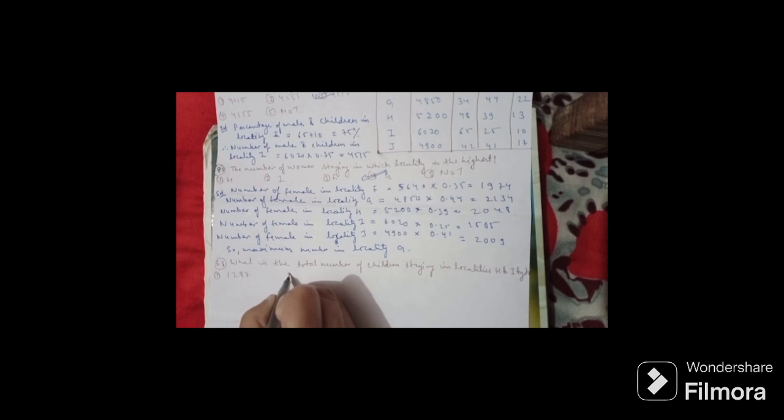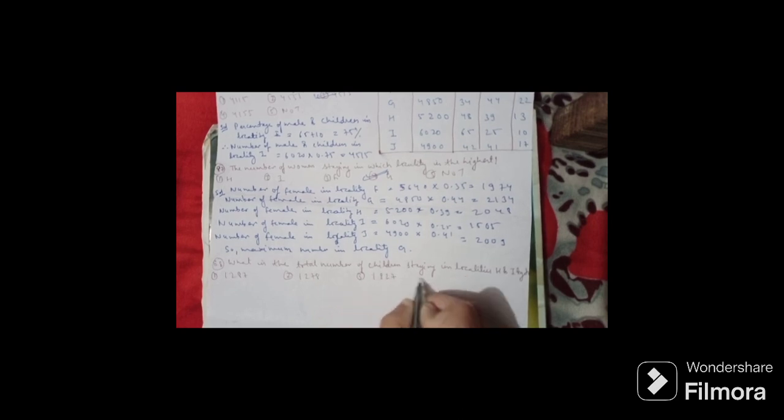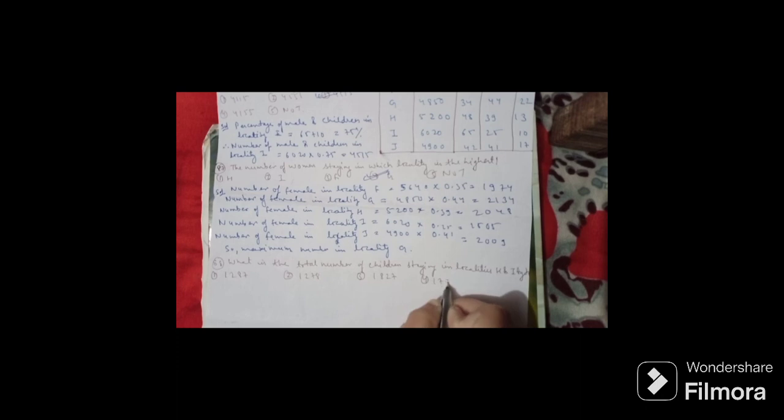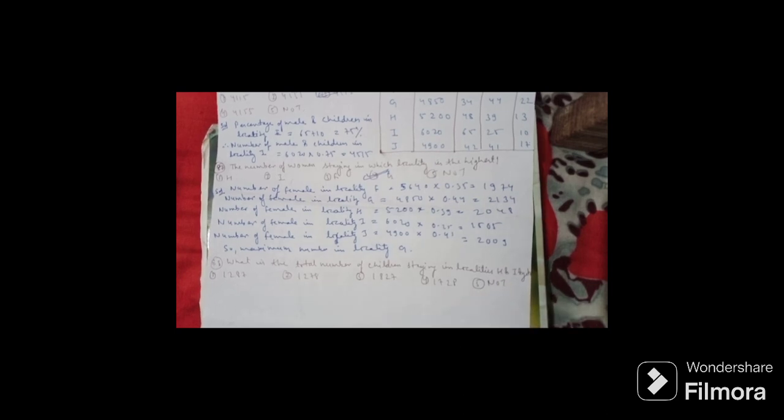The options are 1287, 1278, 1827, 1728. None of these. Let's go for it.